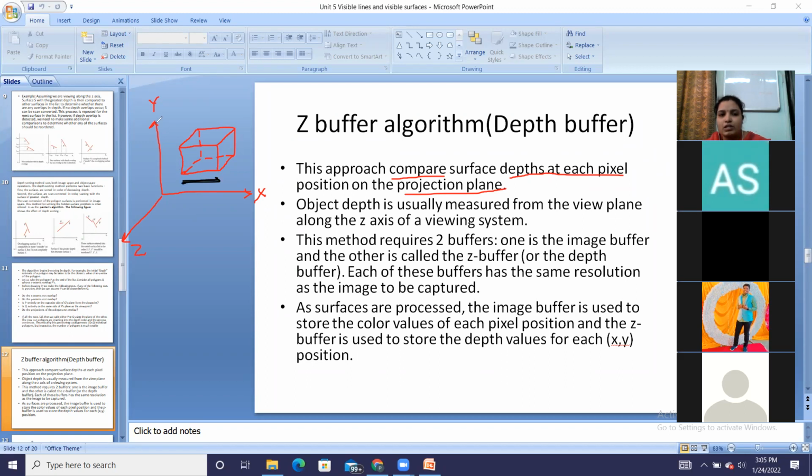The value which is related with the y-axis, this vertical line, is called as your height of the cube. And the z-axis, that is this particular line or this dimension, is considered as the depth of the object or cube. Is it clear?